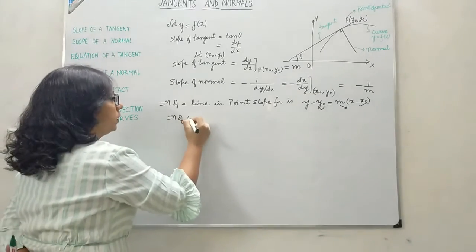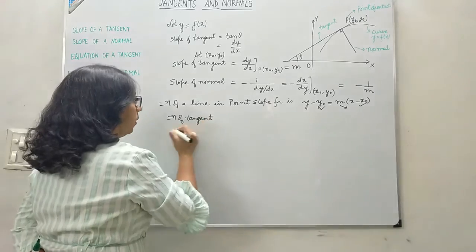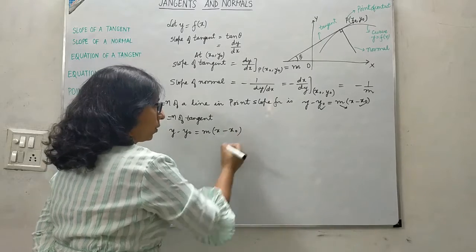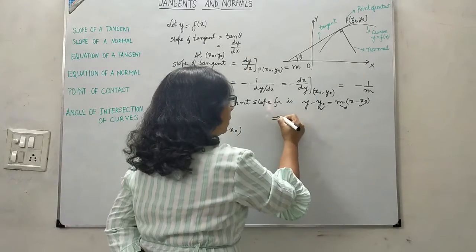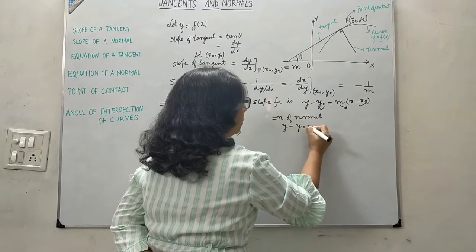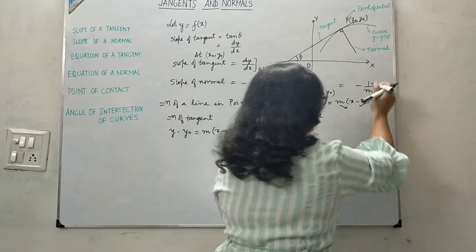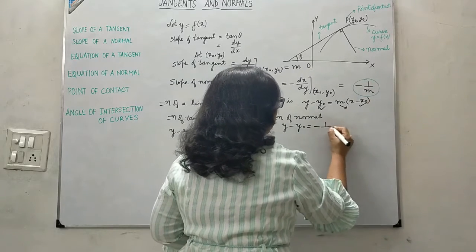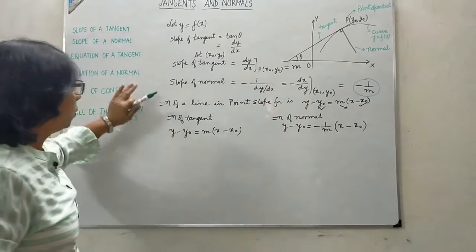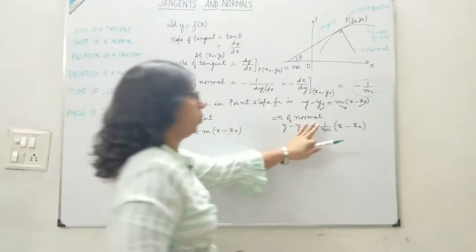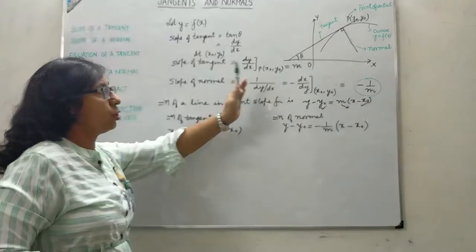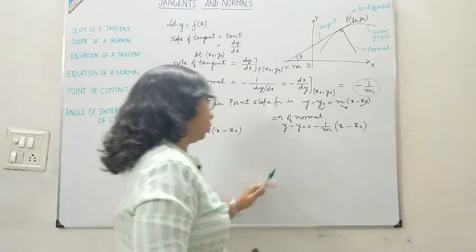So equation of tangent in this case will become y minus y0 equal to n times (x minus x0). And in the same procedure, equation of normal can be written as y minus y0 equal to minus 1 by n times (x minus x0), because its slope is minus 1 by n. So we can easily find the equation of tangent and normal if the point of contact is given, and we can with the help of differentiation find the slopes and substitute there.